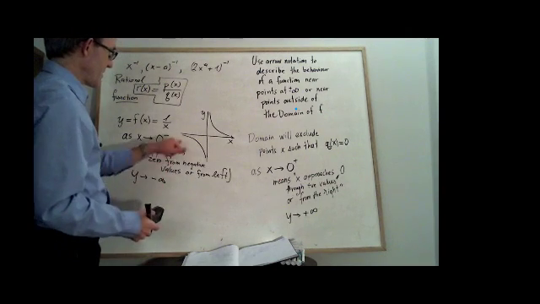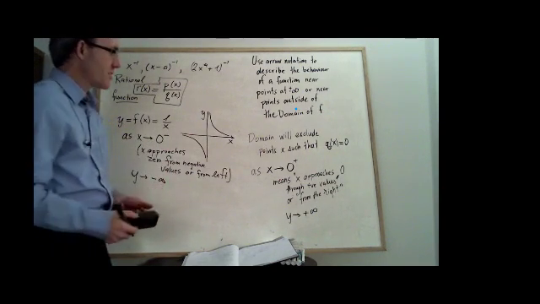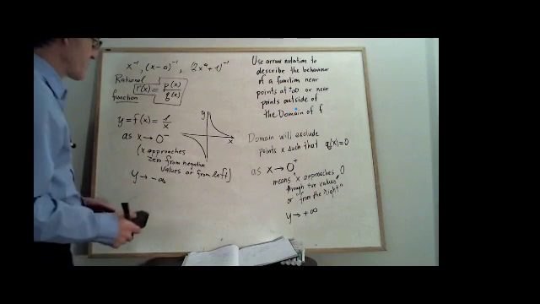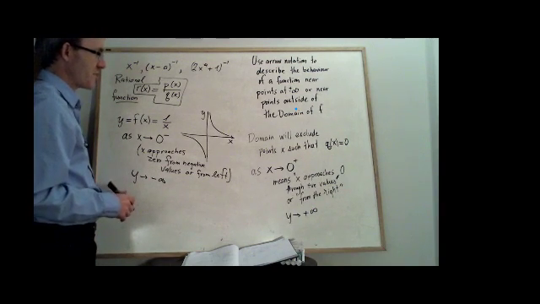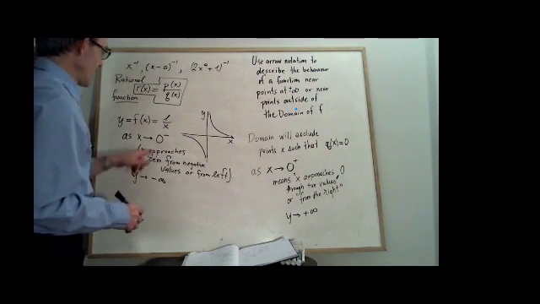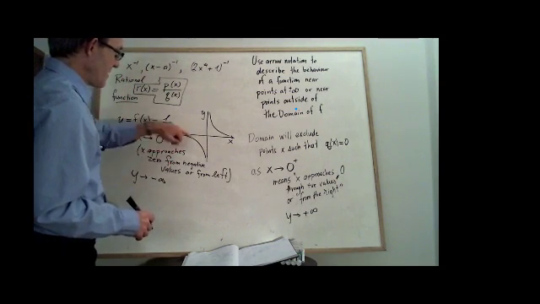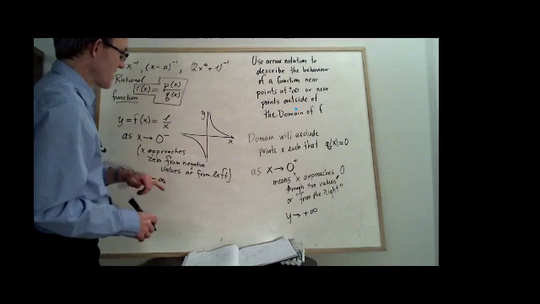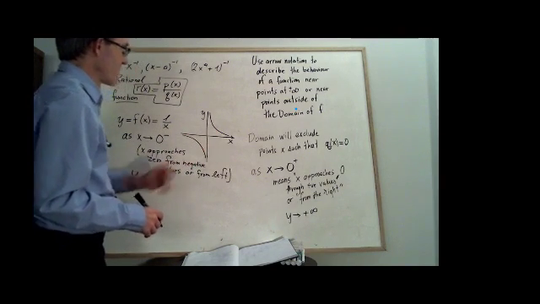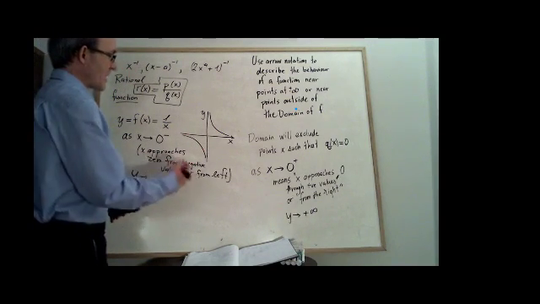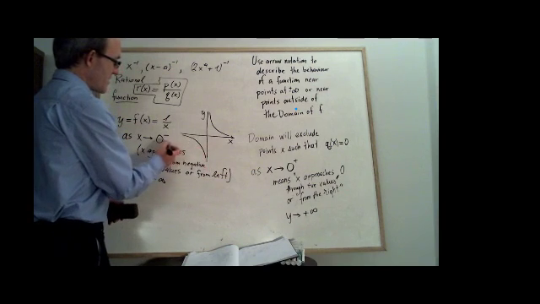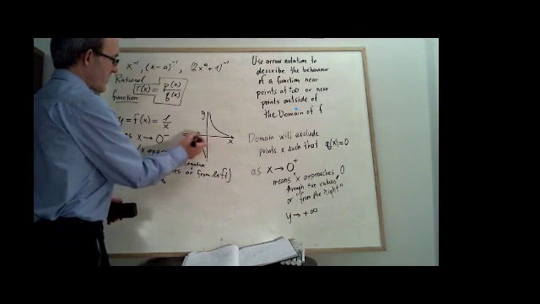Remember, infinity is larger than any number that you can think of, so negative infinity is smaller than any number that you can think of. You'll never get there, but you'll get closer and closer as you take smaller and smaller values along the negative side of x.